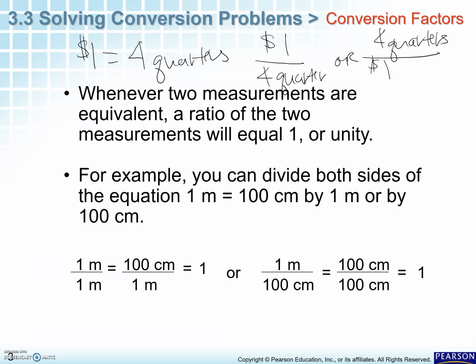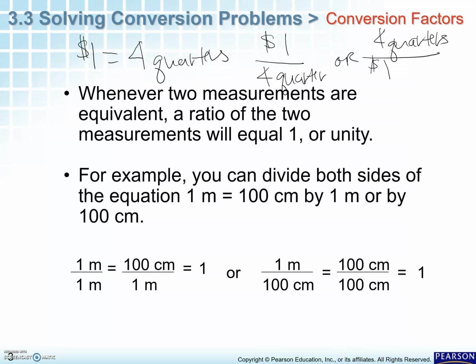Now, if you were to figure out how much 4 quarters equals, that's also known as $1. If you were to divide these two, that's going to give you a quantity of 1. The reason that we do this is because we want to make sure that we aren't changing the original number that we are trying to convert.